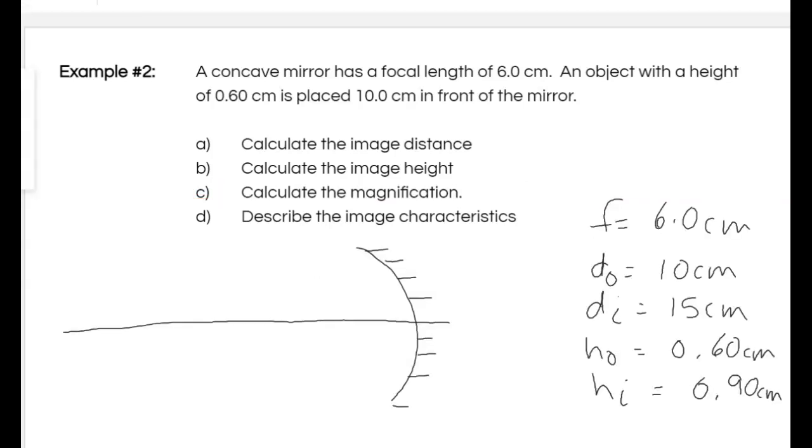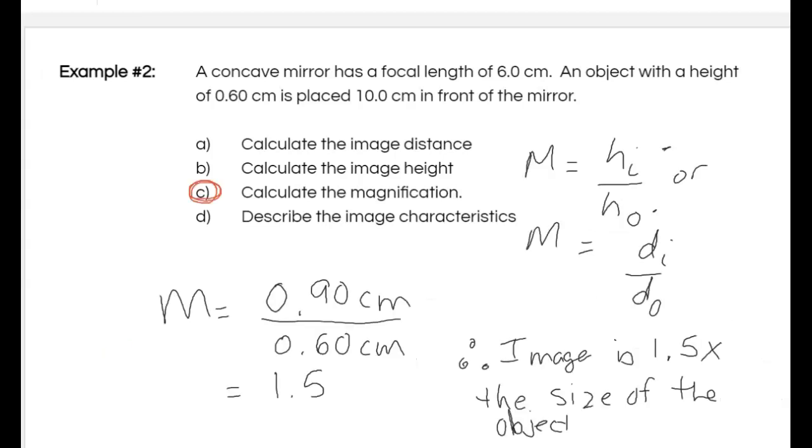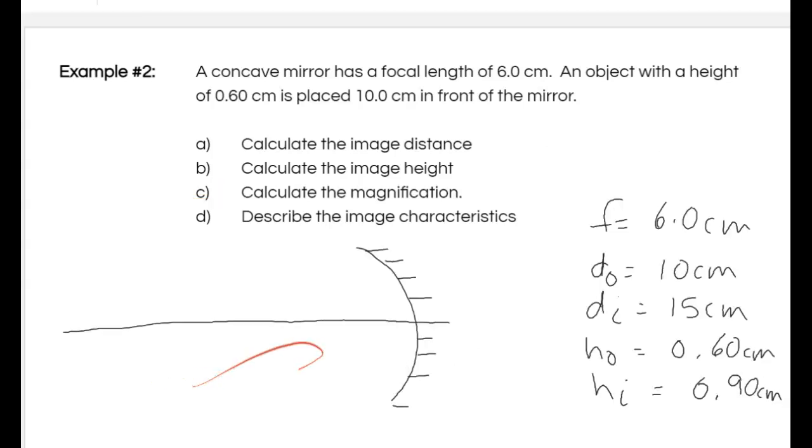So what I've drawn here is a concave mirror, principal axis, and what I've done is I've summarized all of the information that we have gained throughout this question, through working through this problem.